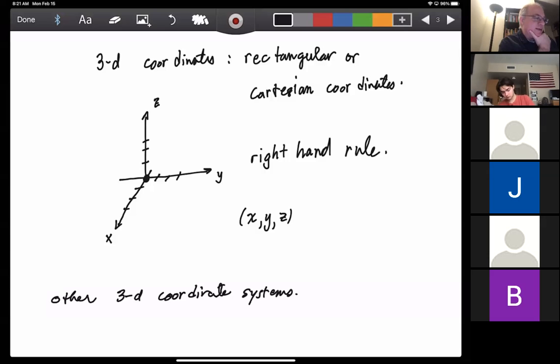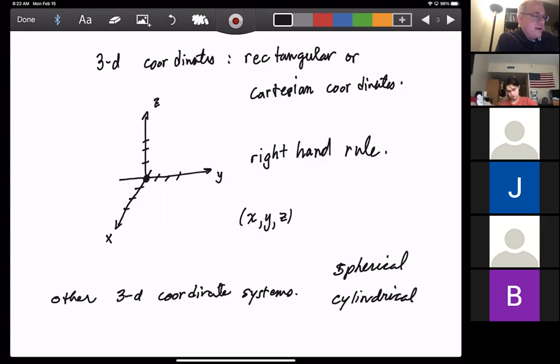And of these, there are 3 that are most commonly used. The others are sort of not things that you will have to worry about in Math243. You will, however, see spherical coordinates, and you will see cylindrical coordinates.